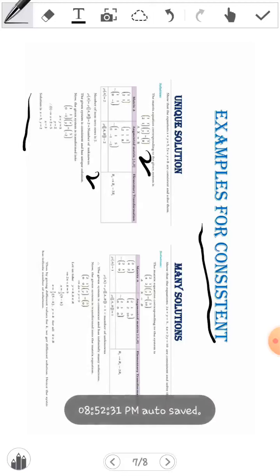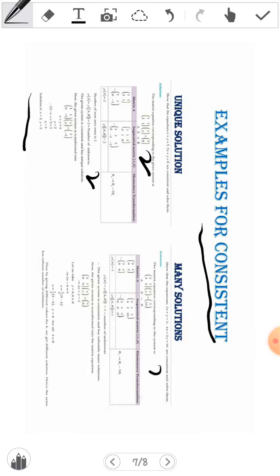For many solutions, see here the number of unknowns is 2, but here the rank is 1. So it will have many solutions for the value of k. Here the constant k is there. So for as many values of k, the system of equations will vary according to that.